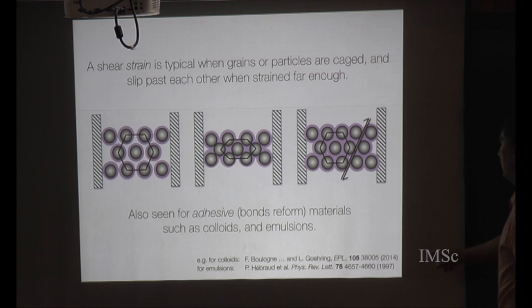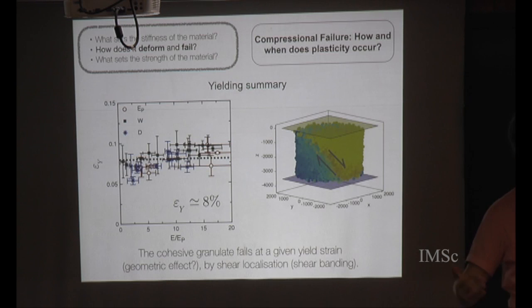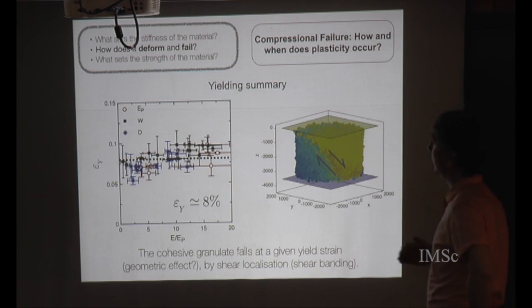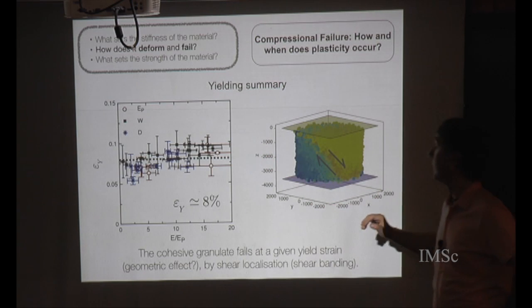I've done some work on colloids myself, but it's also well known for emulsions, where there's a yield strain to the material rather than the yield stress, which is more characteristic. That's because if you just deform the geometry of the cages enough, they'll jump into the next minimum. So this is basically what we're seeing here. It's acting as a yield strain material with a high yield strain.